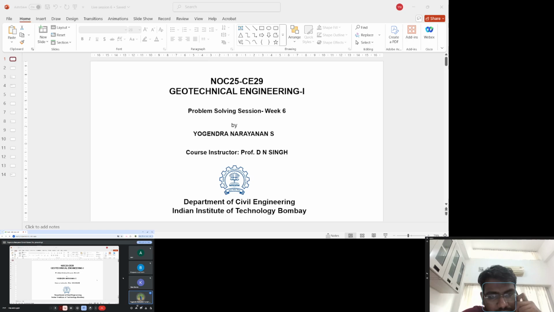To give a brief preview of what has been covered this week: mostly the concept of compaction, the techniques of compaction, both laboratory and field, and the procedure for obtaining dry density and optimum moisture content, their significance, on what factors they depend, and which factors affect the compaction characteristics.